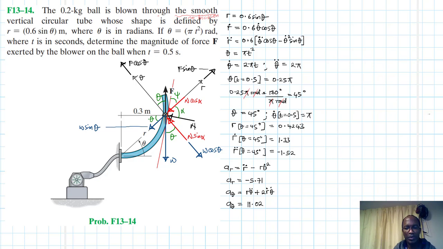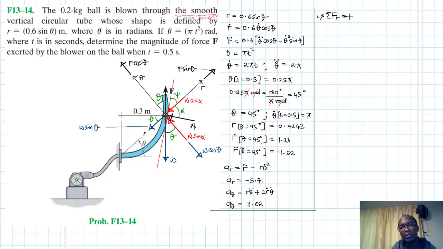So we have everything that we need. We can apply the equations now quickly. So what do we do now? So we'll say summation of forces in the r direction, going in this direction being our reference.